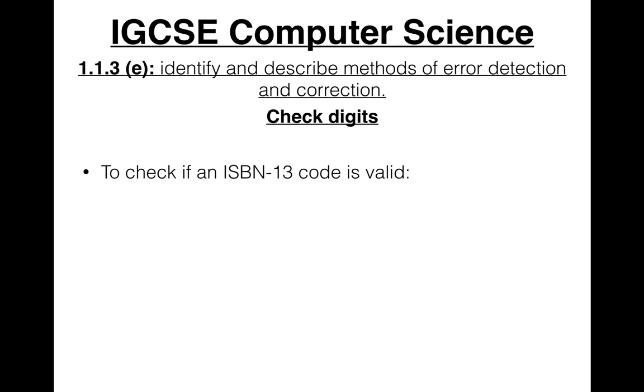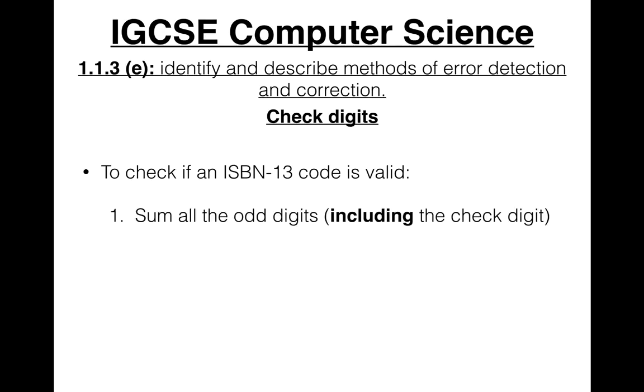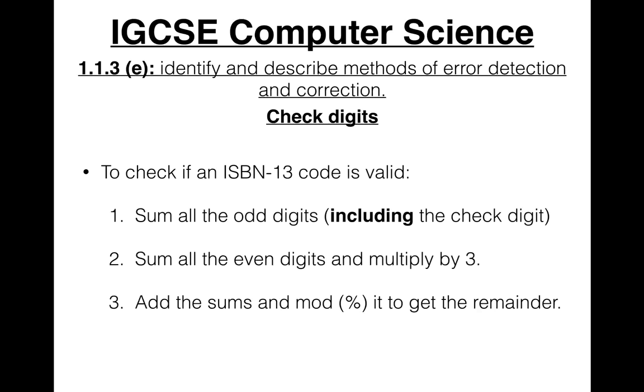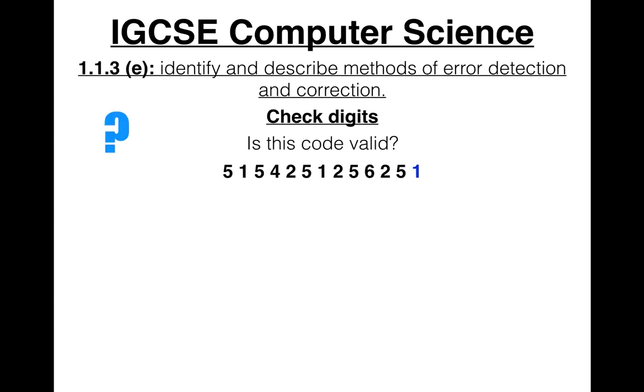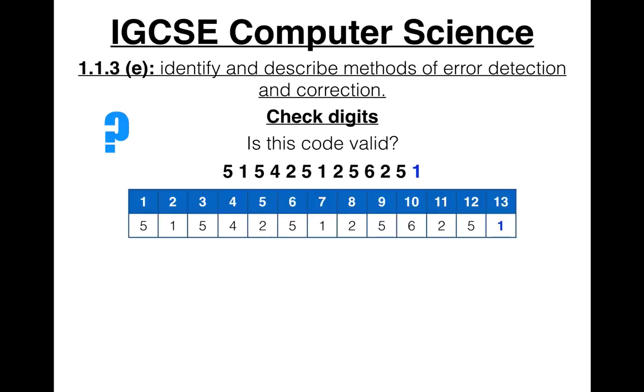To check if an ISBN 13 code is valid, we sum all the odd digits, including the check digit, sum all the even digits and multiply by 3, add the sums and mod to get the remainder. The code is valid if the remainder is 0. Let's give that a try. Is this code valid? We've got the check digit now, so it's 13.